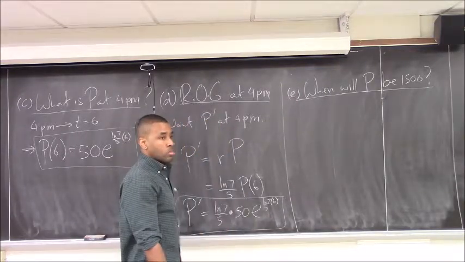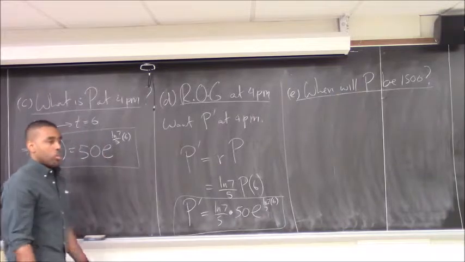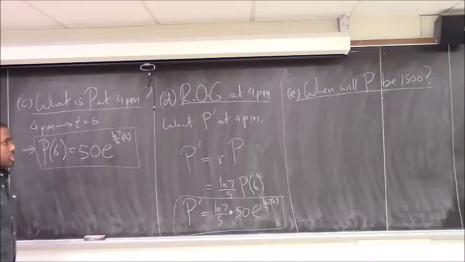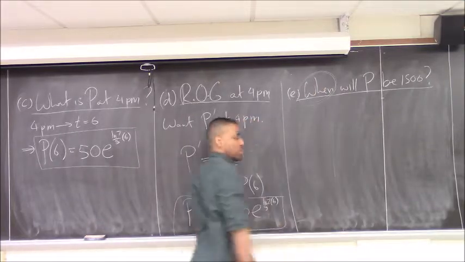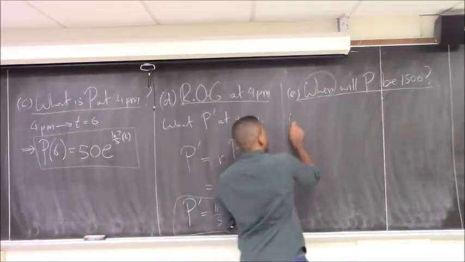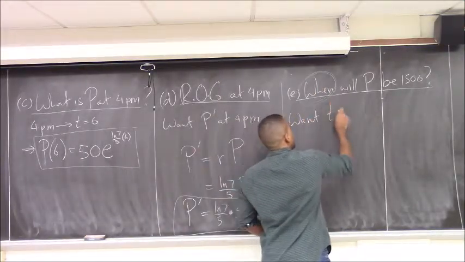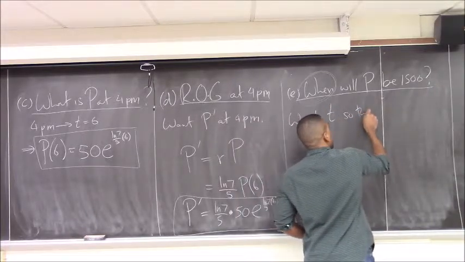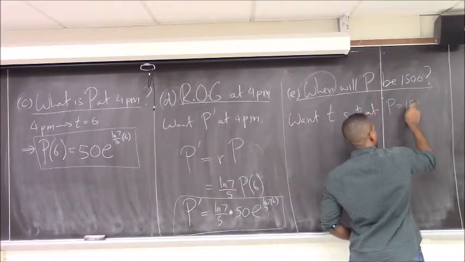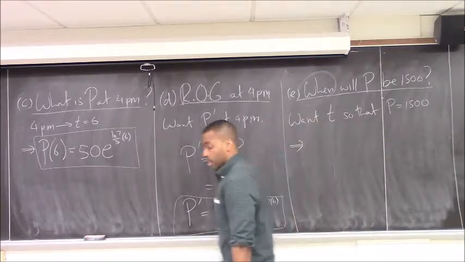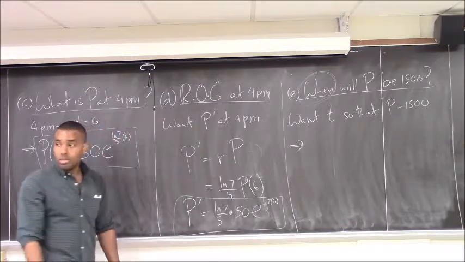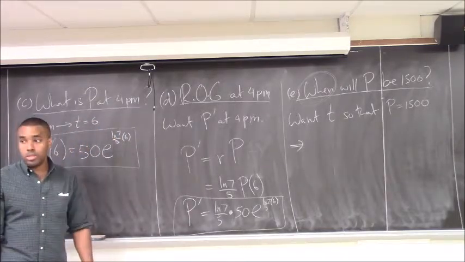When the population is... Yeah, but what are we searching for? T, time, right? Because it asks when. That's a time, right? So here we want T so that P is equal to 1500. So how do we do that? What formula do we use?